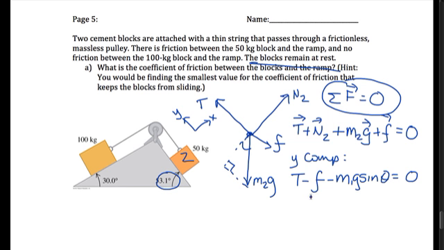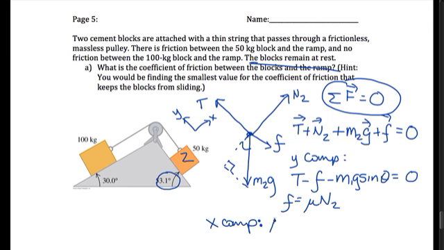You can do the x component also. You're going to need to do the x component here. We didn't need to do it on the other one, but here we definitely do, because our friction force is equal to mu N. And then our normal force comes from the fact that this is our N2. So the normal force, here we're looking at the x components.